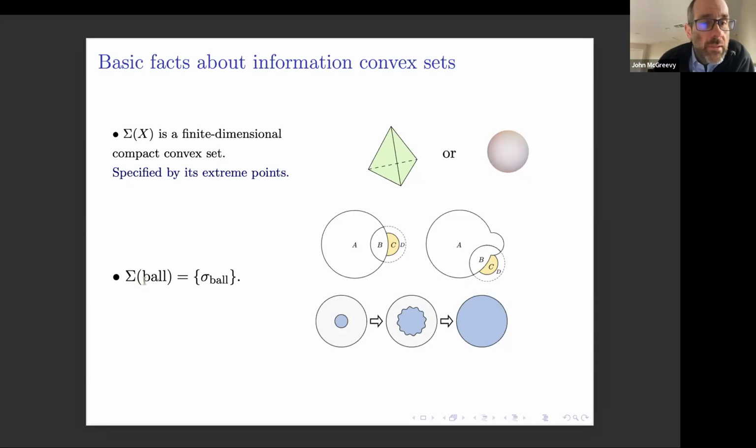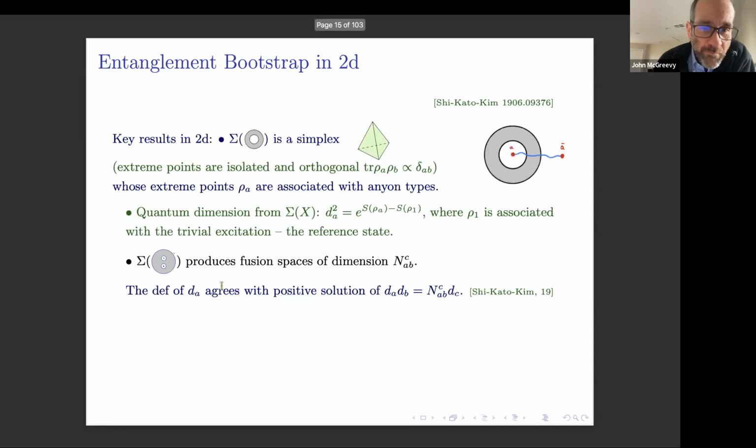Okay, first result is that the information convex set of a ball only contains the reduced density matrix of the reference state. I won't go through the argument carefully, but if you choose the region to be topologically trivial, you don't learn anything. But let's think about two dimensions. If you choose the region to be an annulus, then the information convex set is indeed a simplex. And so the extreme points are isolated and in fact orthogonal with respect to this inner product.